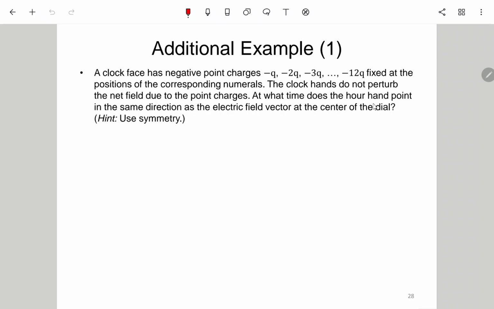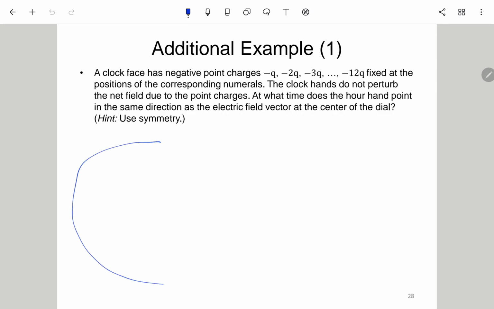At what time does the hour hand point in the same direction as the E field vector at the center of the dial? Okay, so actually it just asks you the direction of the E field. So at what time is just easy to trace.